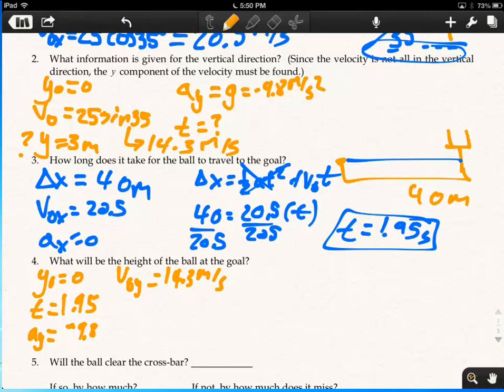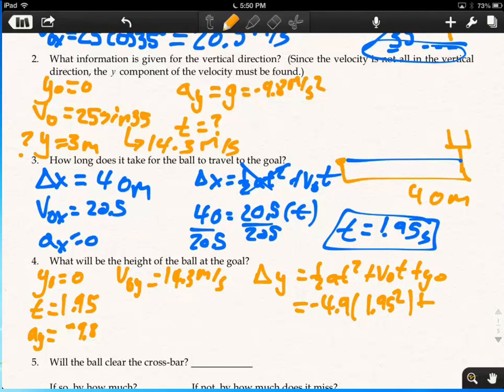Then it's the same equation. Change in y equals 1/2 at squared plus v naught t plus y naught. Now everything's in the y direction. So this equals negative 4.9 times 1.95 squared plus 14.3 times 1.95.